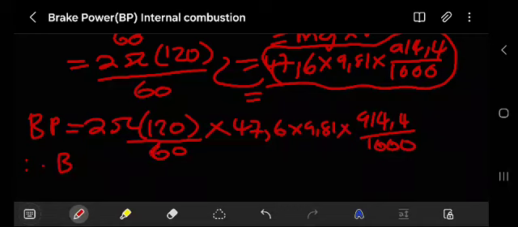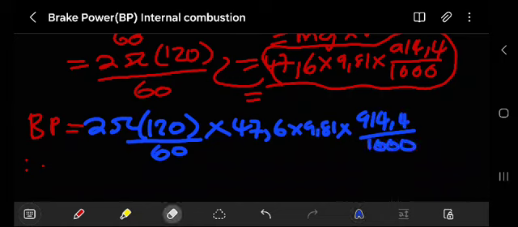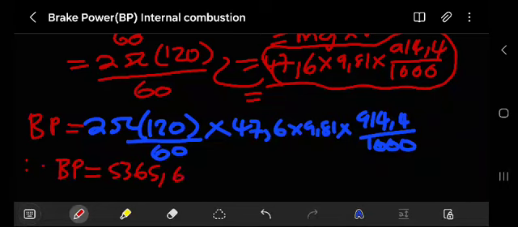If I punch all of this as it is, our brake power will be 5365.646 watts.